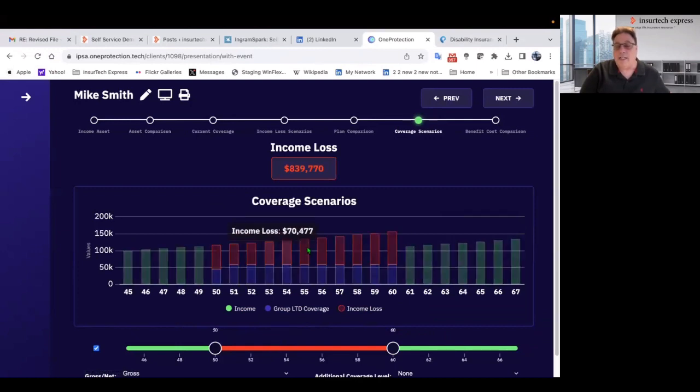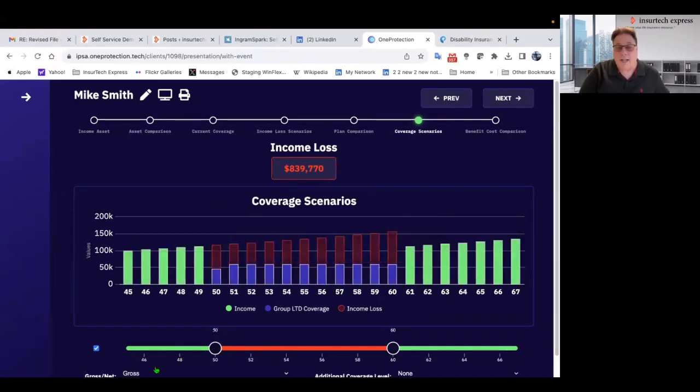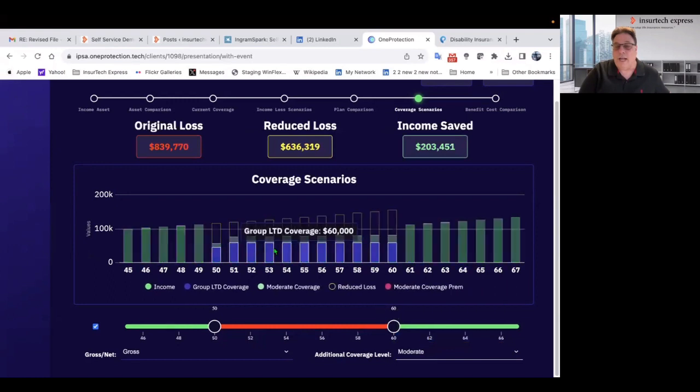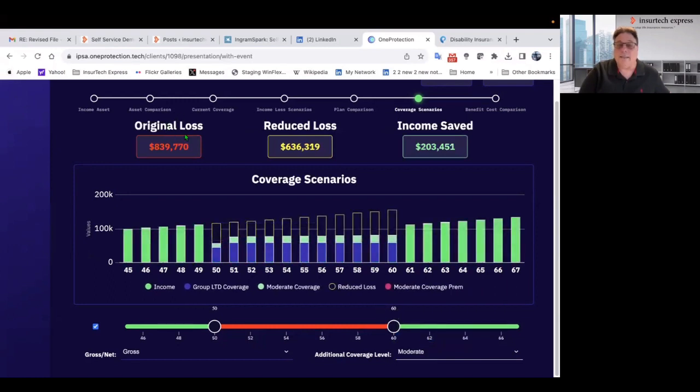All right, now let's look at these 10 years again, but this time let's look at our comprehensive. First, we'll look at our moderate coverage. Our original loss was $800,000 with no insurance, just with the insurance from work covering us.